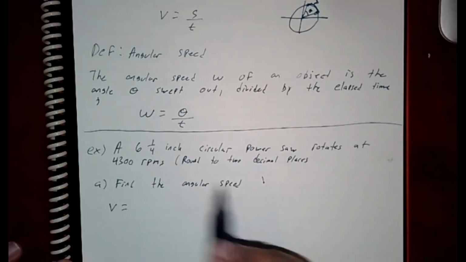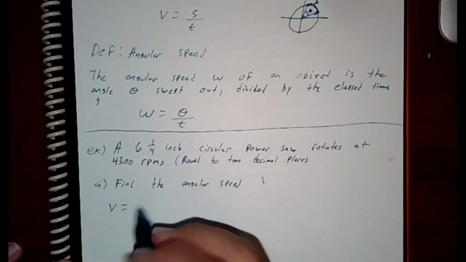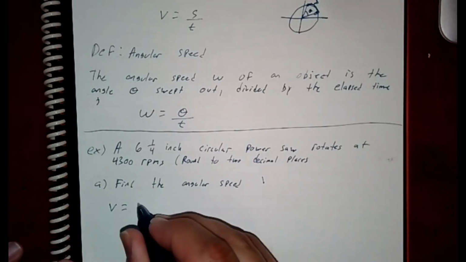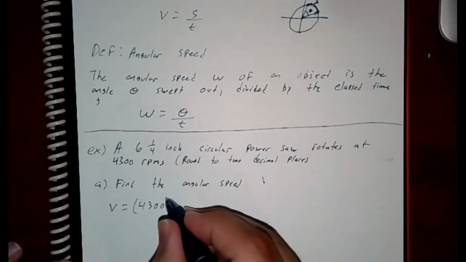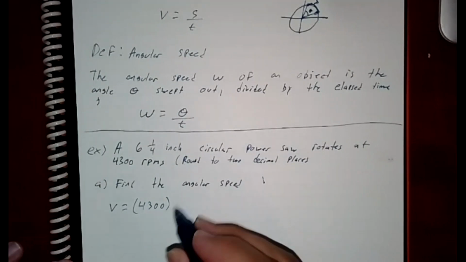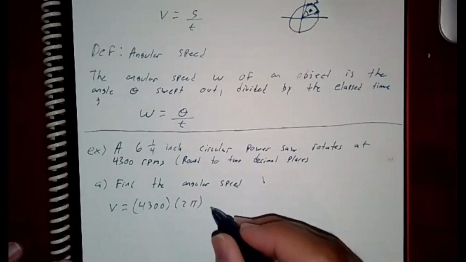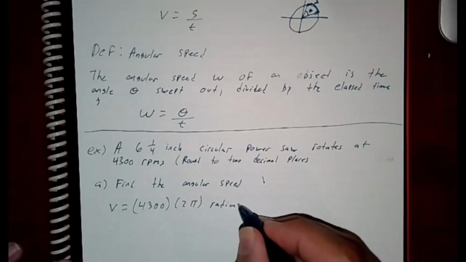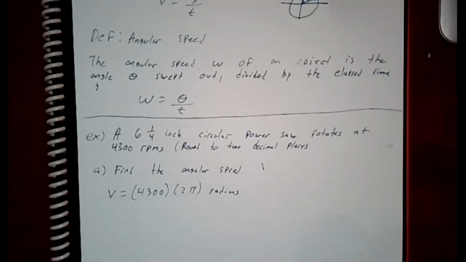So let's go ahead and change 4,300 RPMs into radians. It'll be a little easier. So this will be 4,300 times revolution, right? 2 pi radians. So we said it needs to be in radians. So that's why I'm changing the RPMs to radians.